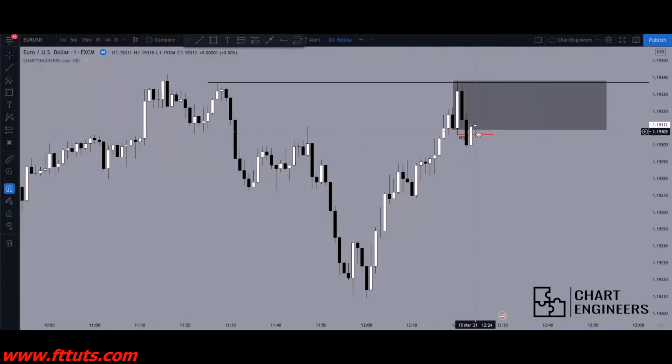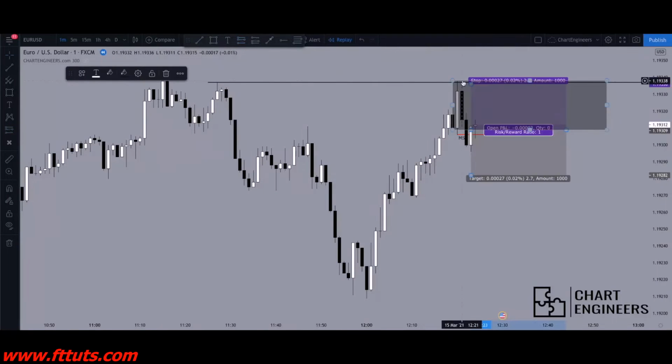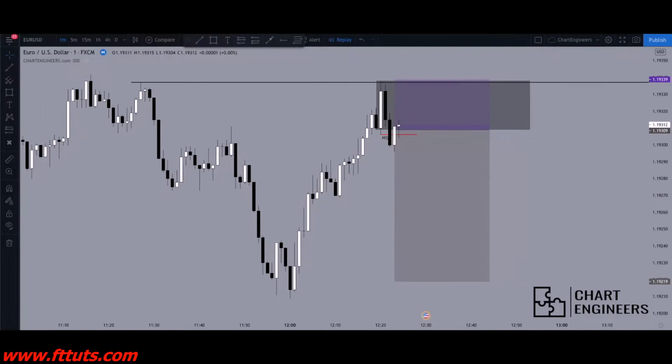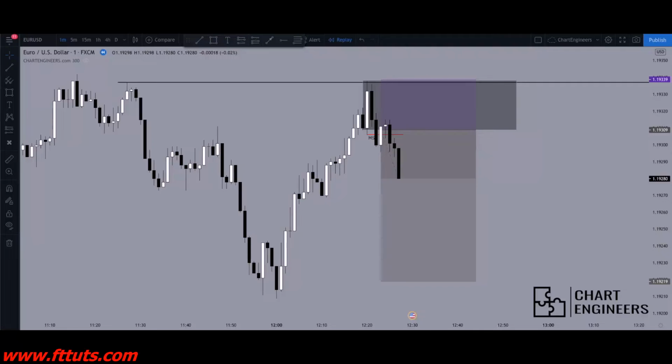So market structure break, RTO, so return to the breaker zone, and this is after 12, so you can take this trade. Stops above the breaker zone, TP at 3R, and you just want to see how price reacts from this level.